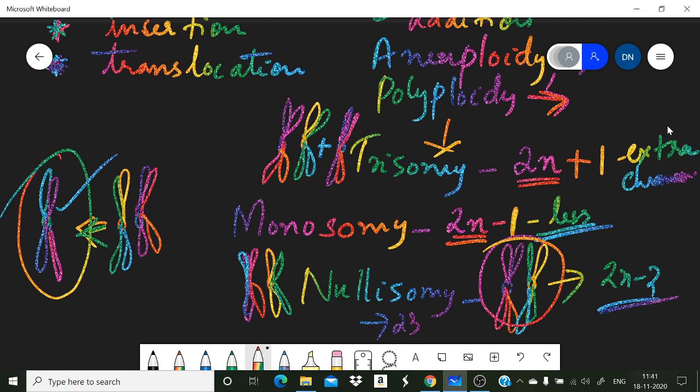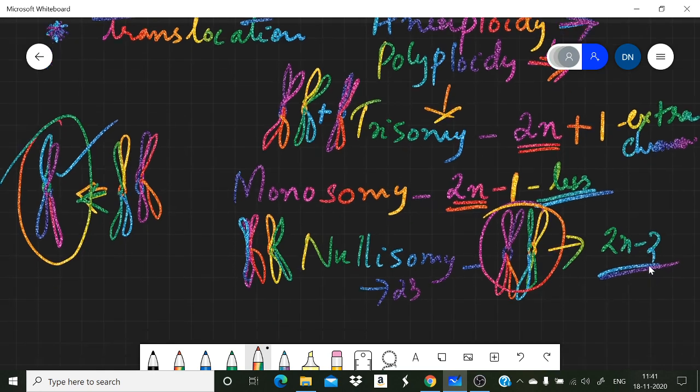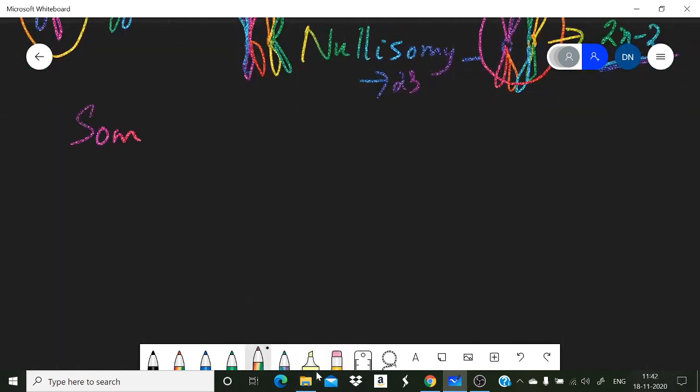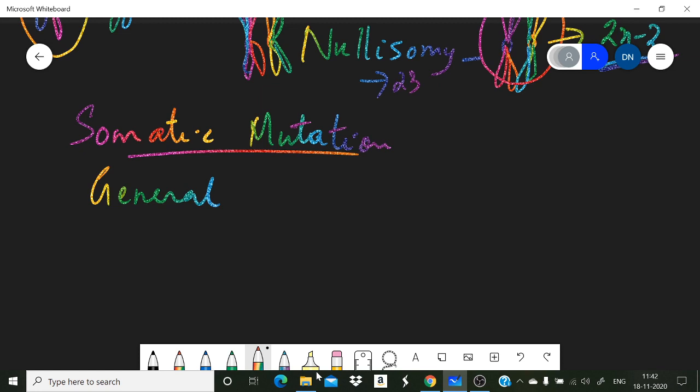Okay, so the mutations which occur in autosomes or general body cells are known as somatic mutations. One more type, that is somatic mutations. If the mutation occurs in the general body cells of an individual, that is somatic mutation.